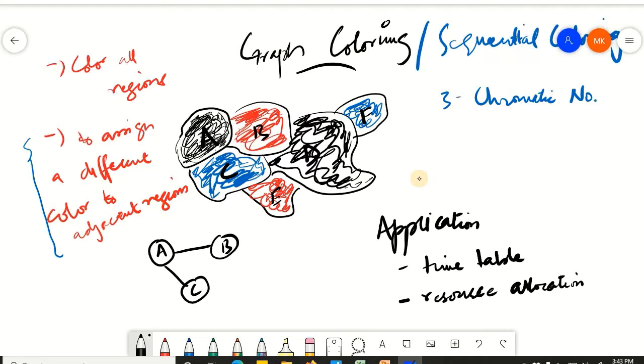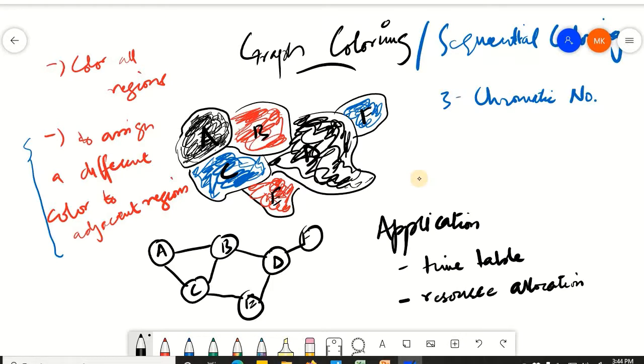Then B has common border with C and with D. D has got a common border with E, and it also has a common border with C. And then we have F that only shares a border with D.